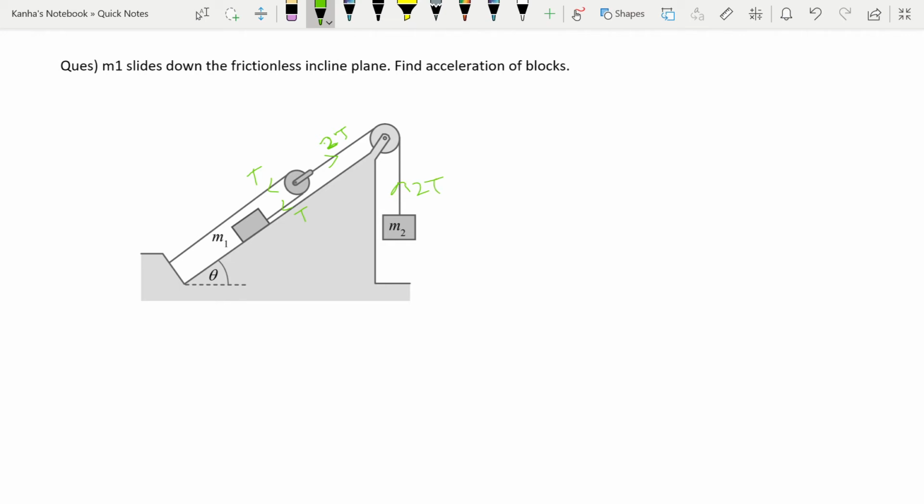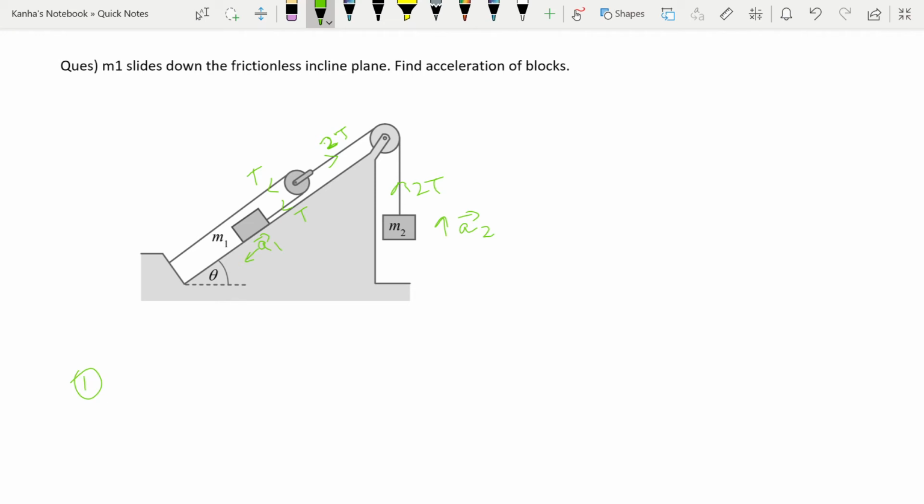Now M1 slides down the frictionless plane, so that implies my M2 will be going up. Let's say it's going up with an acceleration A2, and let M1 be going down with an acceleration A1. Now I can make the free body diagram for all these. You can do it in your rough note, or in your mind by now.